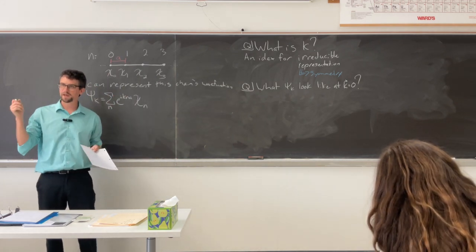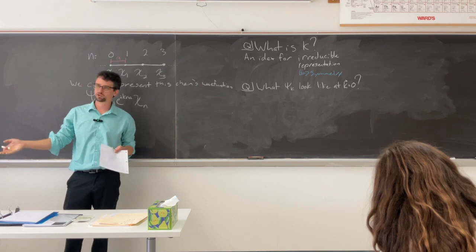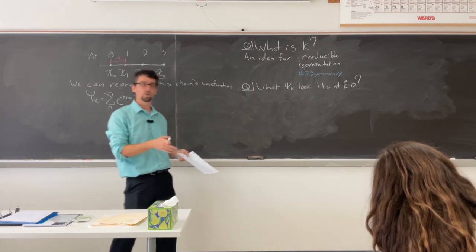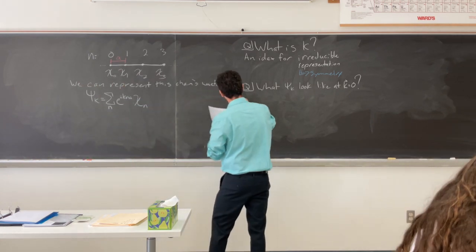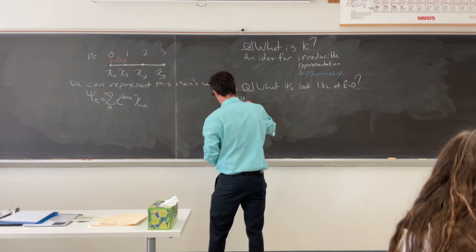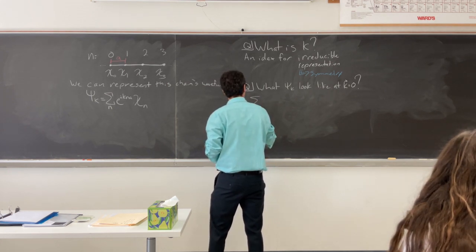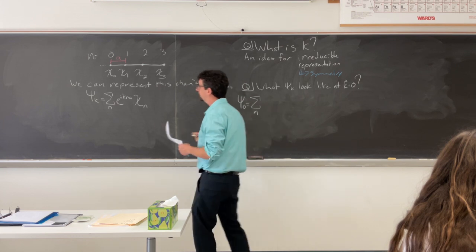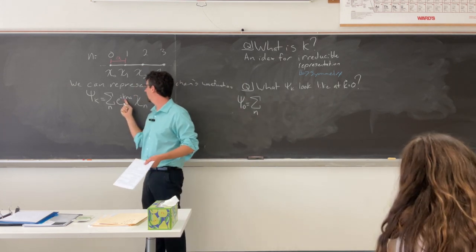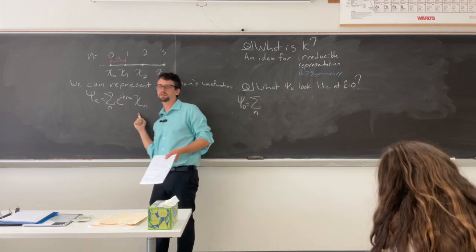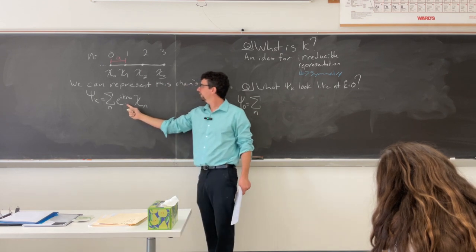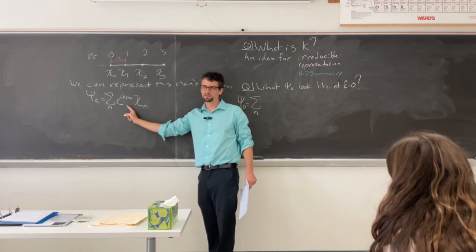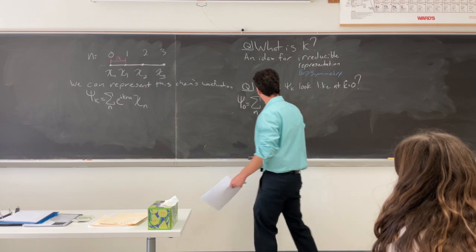Let's look at this in a mathematical sense, and then we'll translate it into a molecular orbital picture. So psi at 0 is equal to the summation over n. We're going to use e to the i k n a. What's k equal to again? 0. So what happens here?